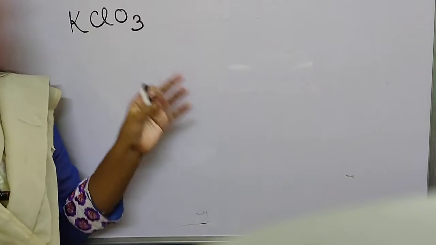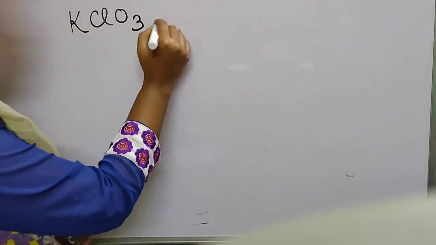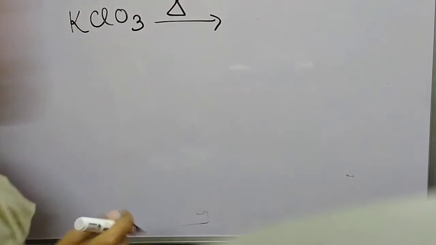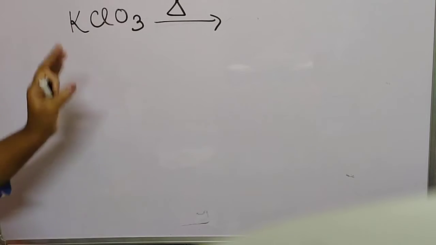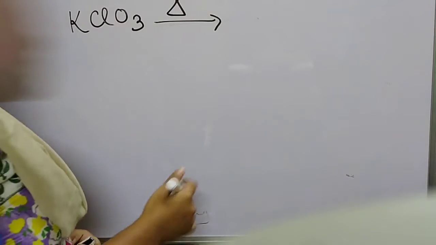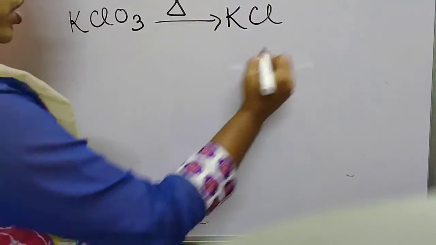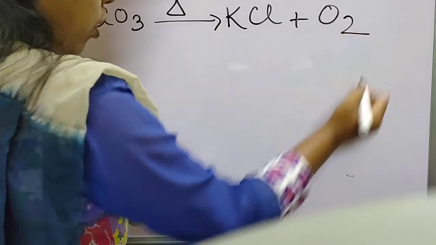In this question it has been told that potassium chlorate, KClO3, is heated. So you have to identify the reaction: whenever KClO3 is heated, it will make potassium chloride and oxygen.